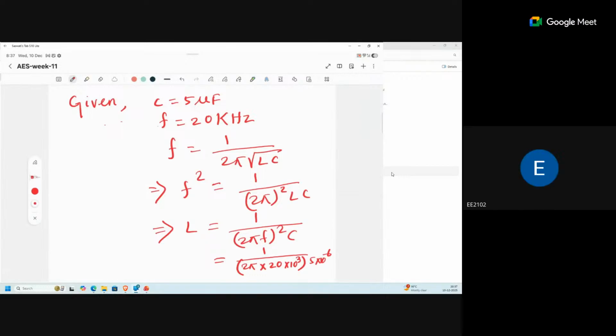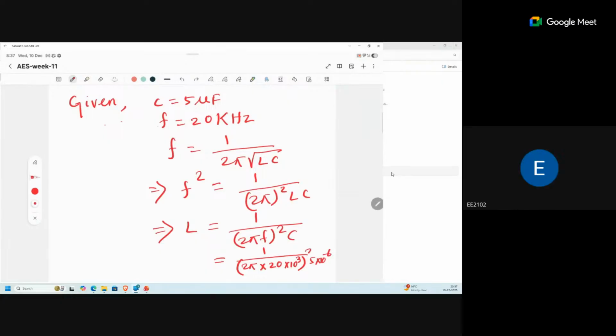So you will be getting the answer as 628.32. Ma'am, that will be whole square: 2 pi into 20 into 10 to the power 3, whole square.